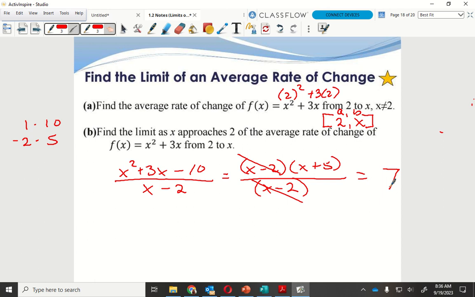And whenever I cancel out something that's going to give me a 0 in the denominator, that is referred to as a hole. On my graph, it would look like it's continuous, but it's a hole. It is equal all the way up into that singular point, but it's not equal at that point.